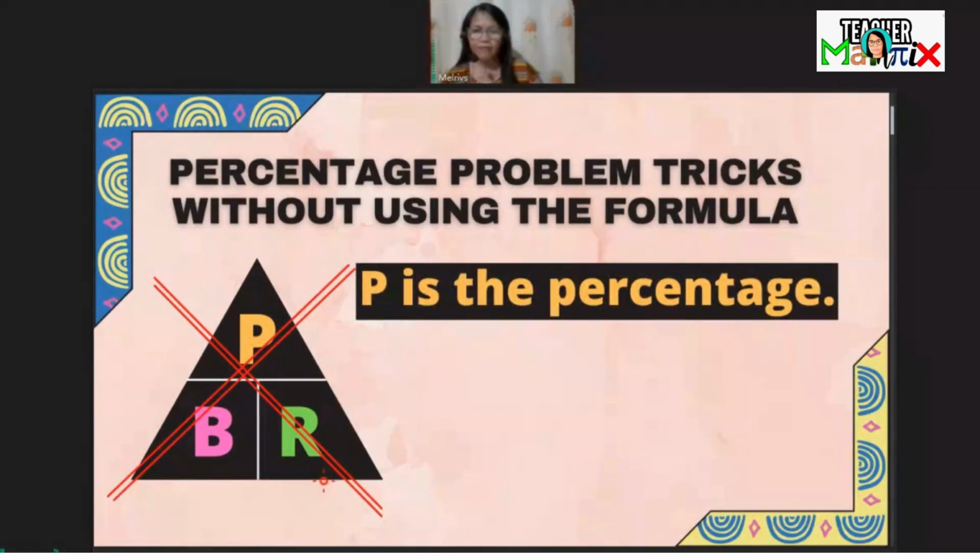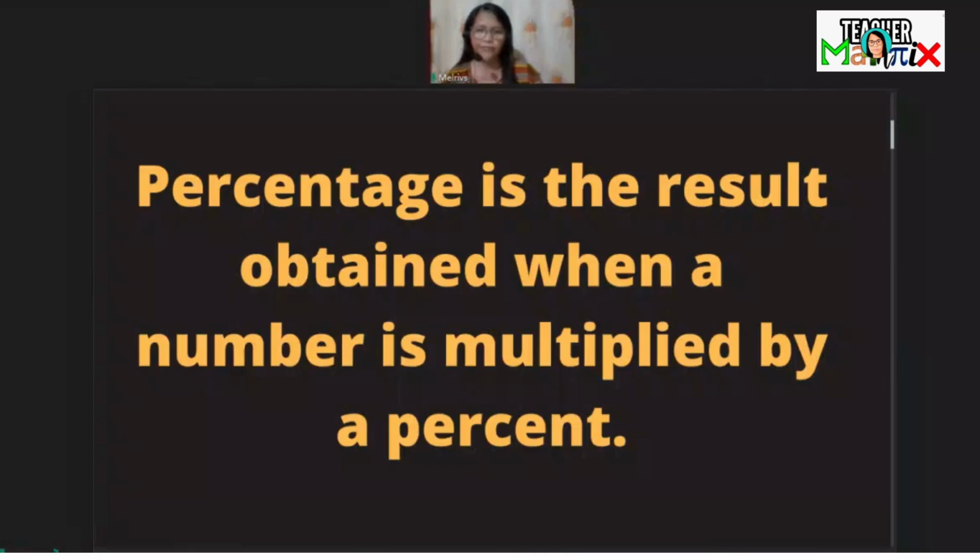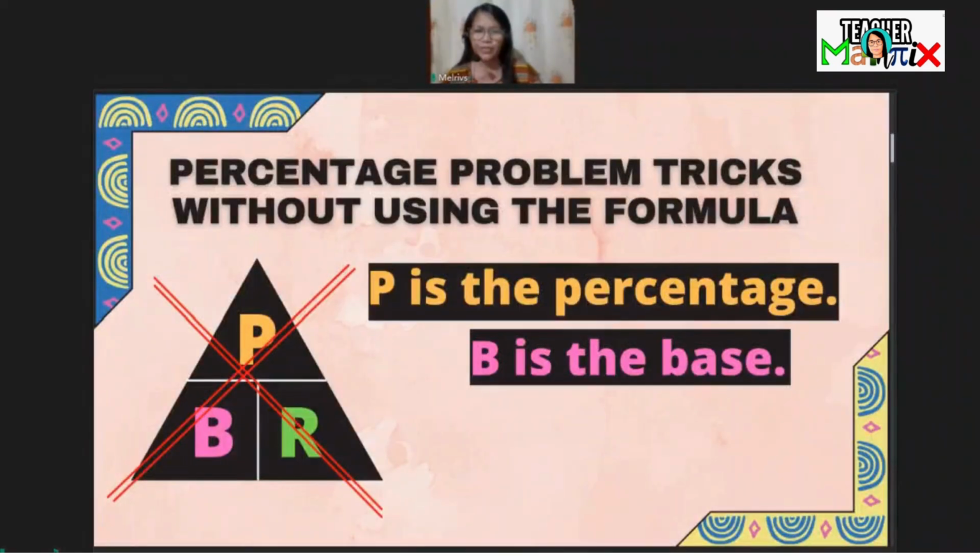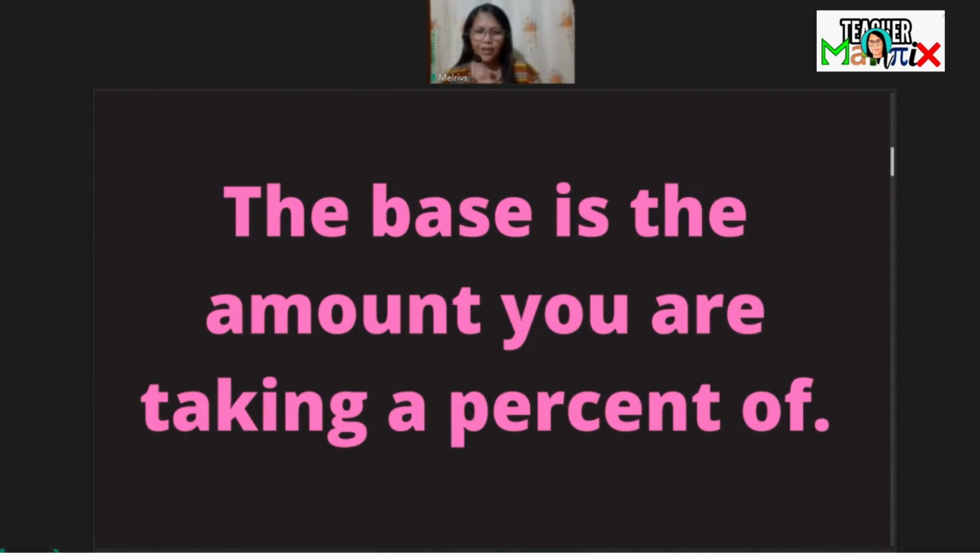With this P, B, and R, where P is the percentage. Percentage is the result obtained when a number is multiplied by a percent. And with this B, where B is the base. The base is the amount you are taking a percent of.